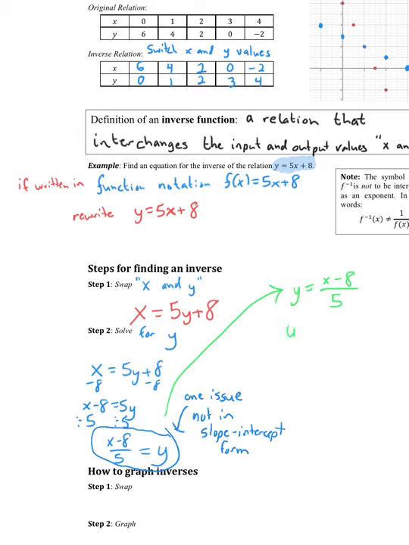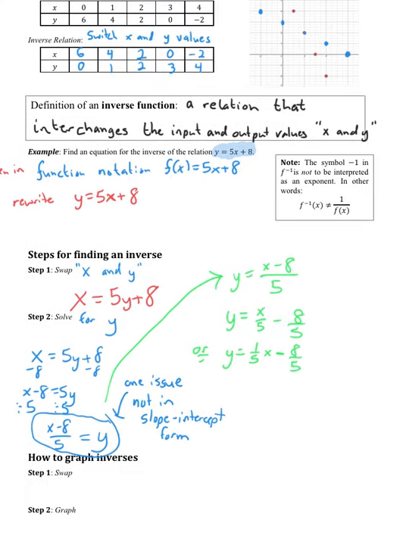So what I'd want to do is just literally write it as two different fractions. I could write as x over 5 minus 8 over 5. Or an even better way to write it is 1/5 times x minus 8/5. Now we're in slope-intercept form. And that's much easier to graph.